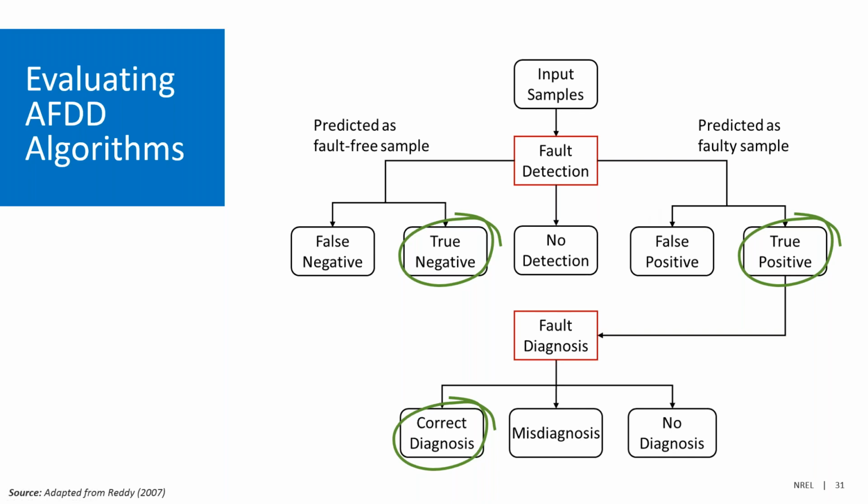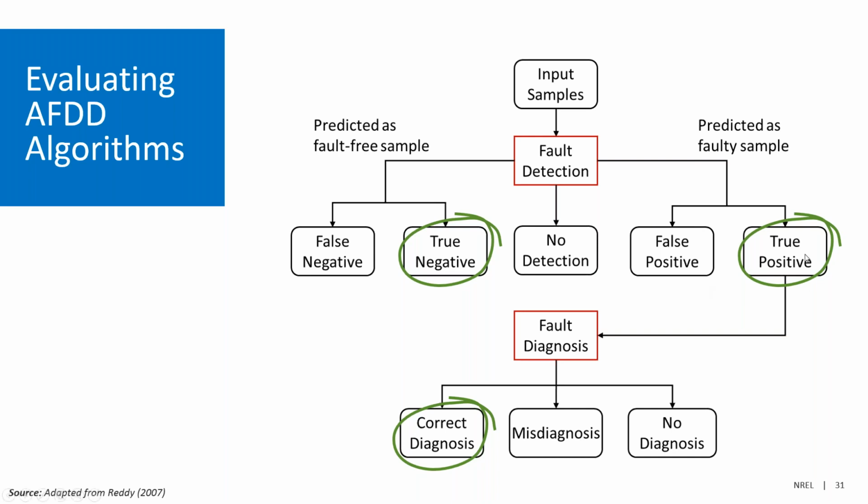And false alarms are very costly. They get people to go and check out systems, so they involve a lot of labor and time. And therefore, if there are lots of false alarms, then building owners and operators will get annoyed and stop paying attention to a fault detection diagnosis system, and then it won't really be useful anymore.